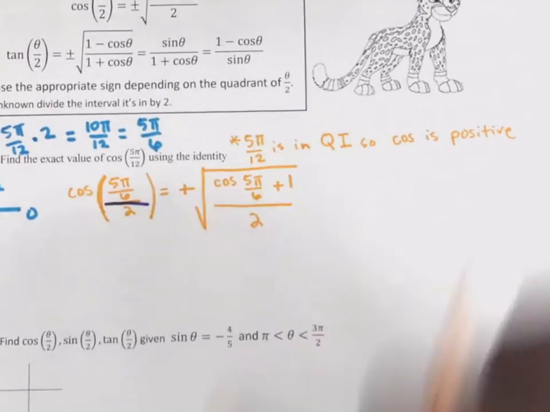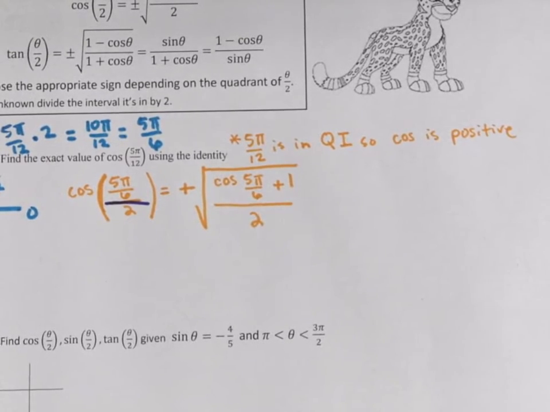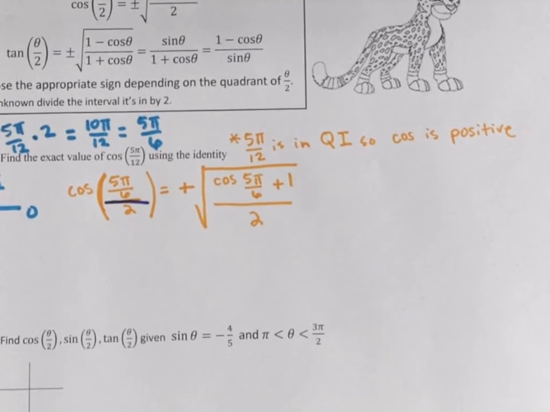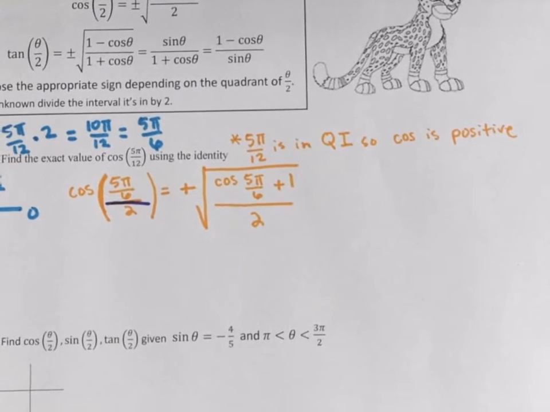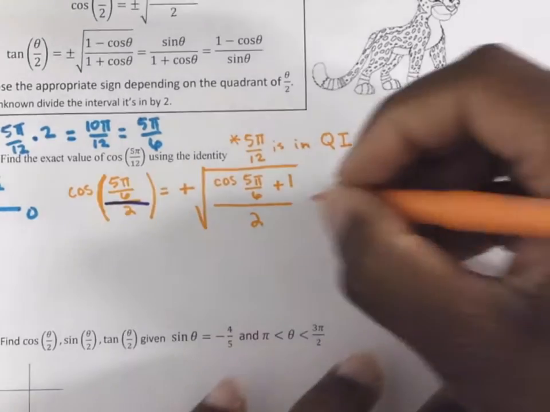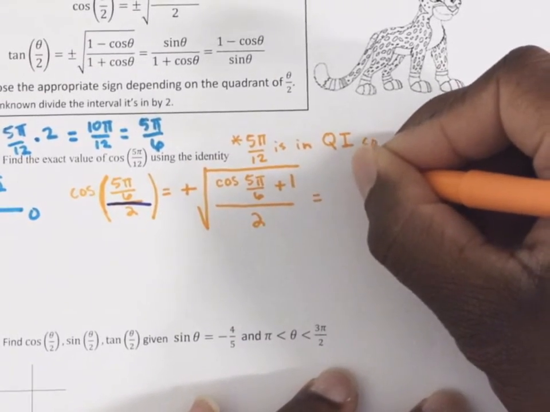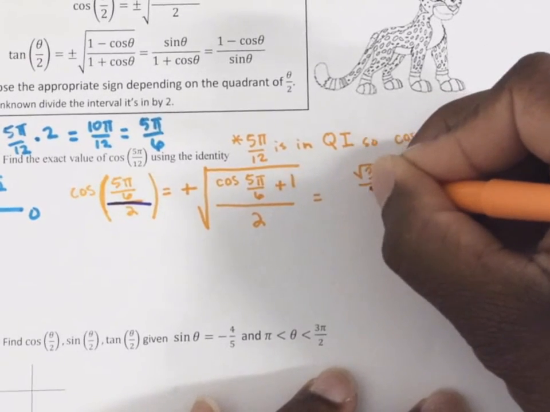It's a 30 because it's over 6. I know the 30 is the lowest angle close to the x-axis, and I know it goes 3, 2, 1 for the x's. What's cosine of a 30? It's the x coordinate: root 3 over 2. So cosine of 5 pi over 6 is root 3 over 2.